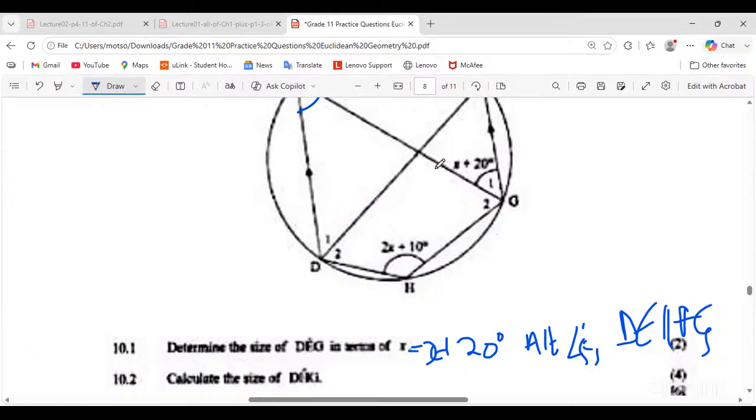I'm still confirming that because it seems to be a little bit blurry this side.